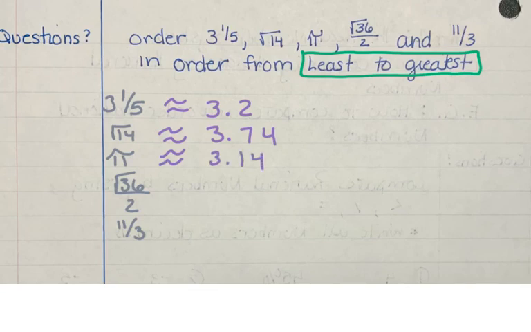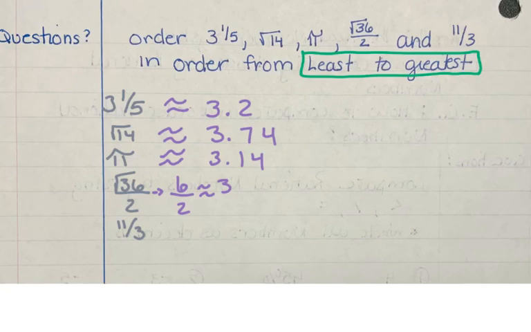The square root of 36 over 2. 36 is a perfect square. So the square root of 36 is 6, because 6 times 6 is 36, over 2. So I just have to divide those. So 6 divided by 2 is 3.